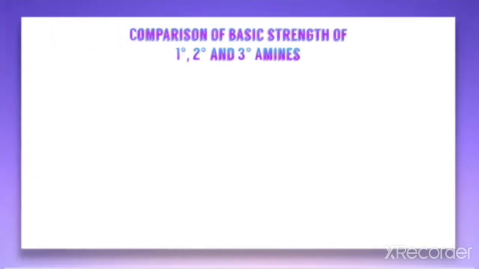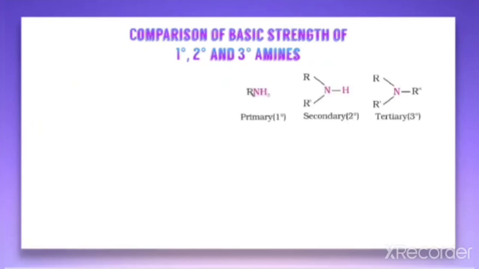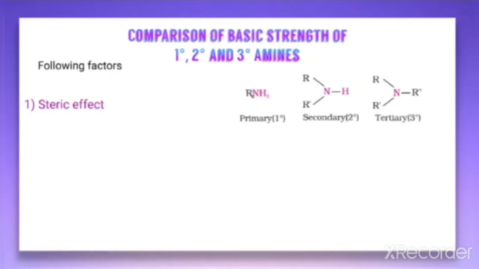So when we compare the basic characters of 1 degree, 2 degree and 3 degree amine, the structure is given here, 1 degree amine, 2 degree, 3 degree amine. Here the basic character can be discussed on the basis of the following factors. First factor, that is steric effect.